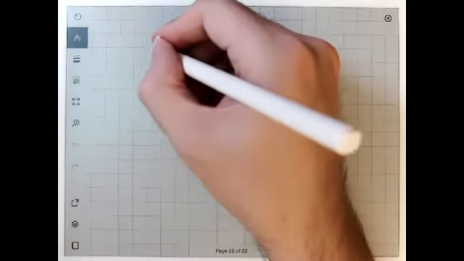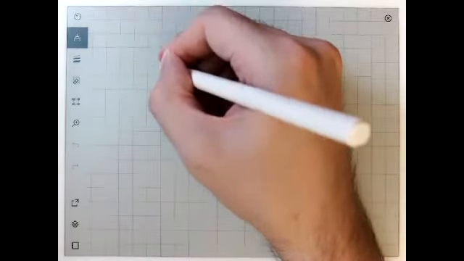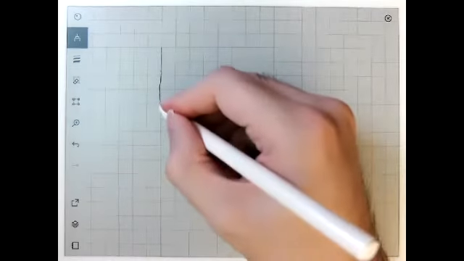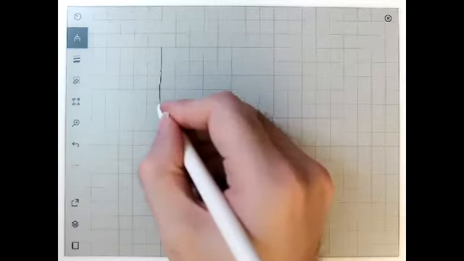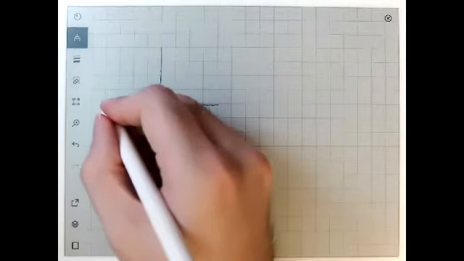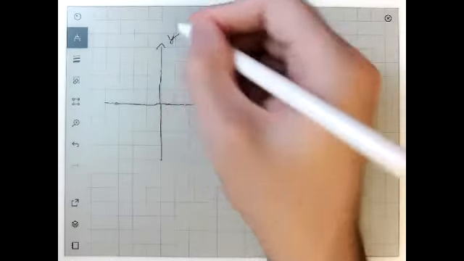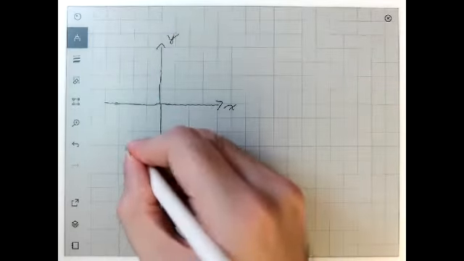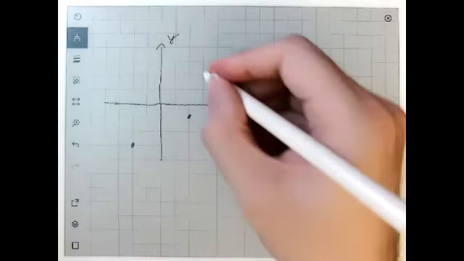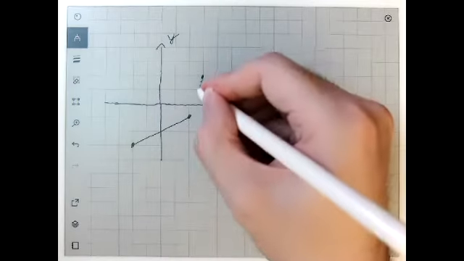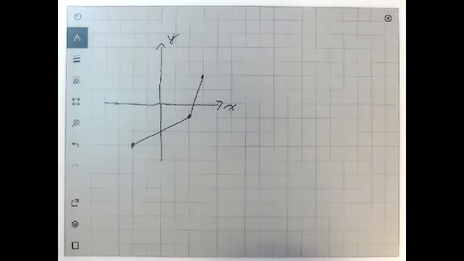So, if you have the graph of a function, and let's look at a fairly straightforward function here. Right, this is kind of a broken line graph.